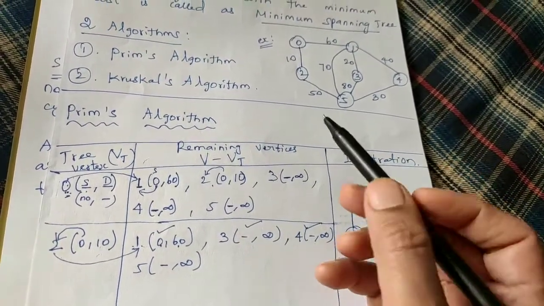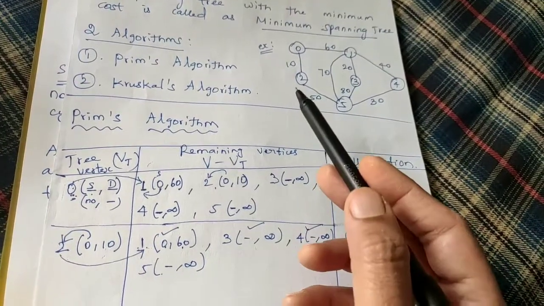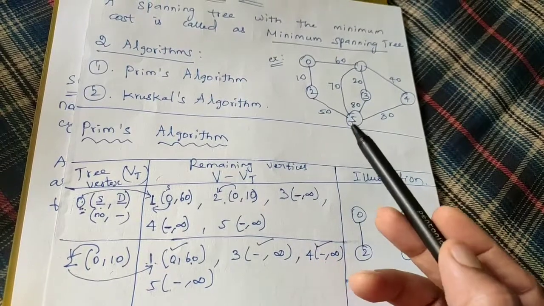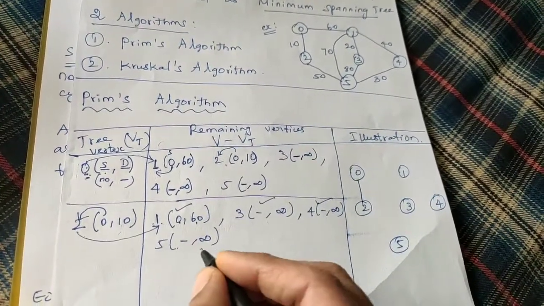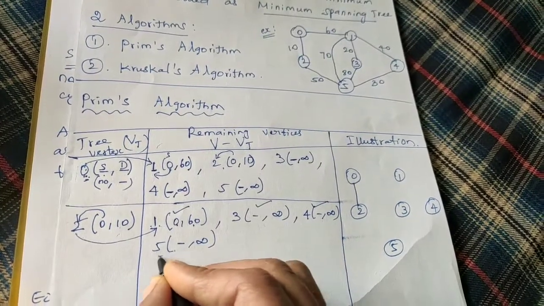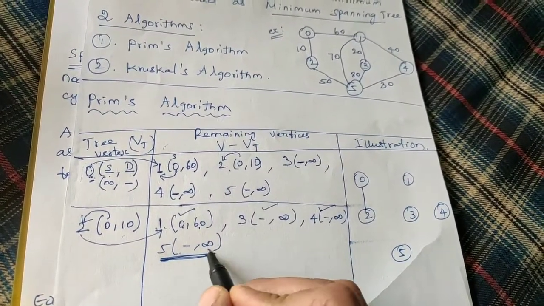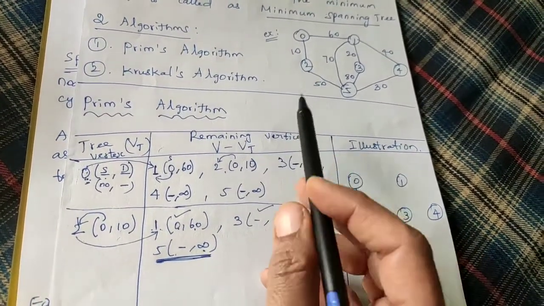Now let us see 2 to 5. 2 to 5, I have a direct connection, a direct path with the value 50. So this will be overwritten, because see, what is the distance specified here? It is infinity. Now what is the new distance?